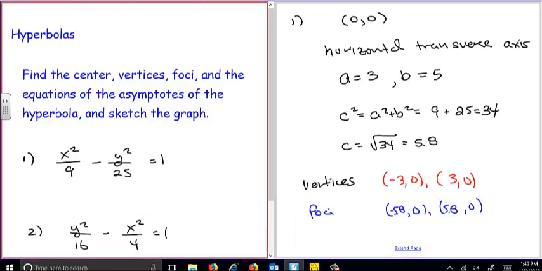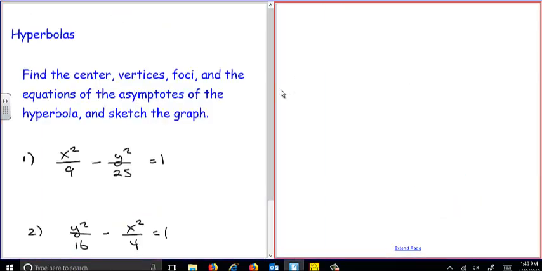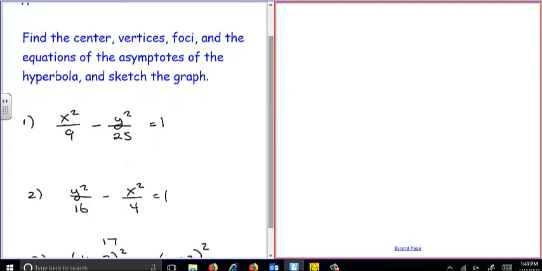Now you'll notice I flip back and forth here so we can cover both horizontal and vertical transverse axes. So number 2, again, the center is the origin, not just because the problem statement says so. Actually, this one doesn't say so; a later one does.